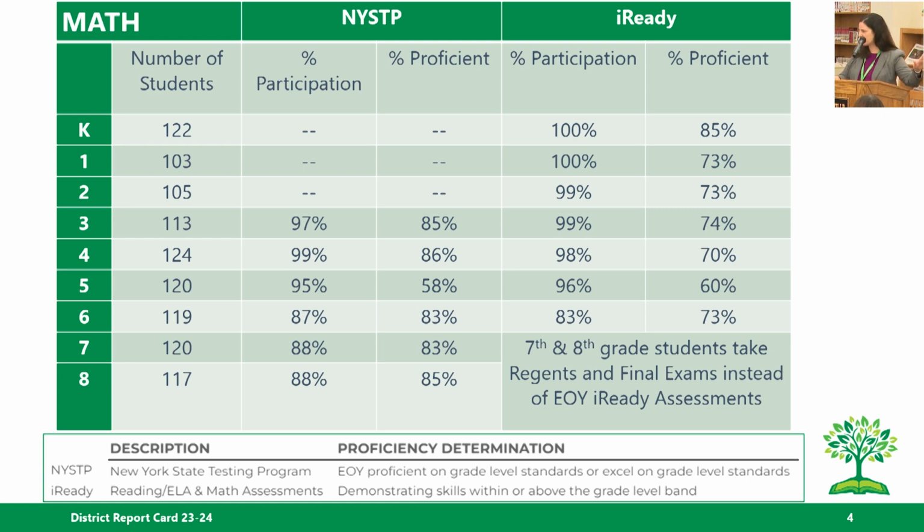Same history lesson that we just did for ELA applies to math in terms of the changes for the tests, and the same proficiency for New York State testing program along with iReady for math. 23 was the first administration of the New York State testing program aligned to the New York State Next Generation Math Learning Standards. And again, 24, 3 and 4 on paper, 5 through 8 computer-based.